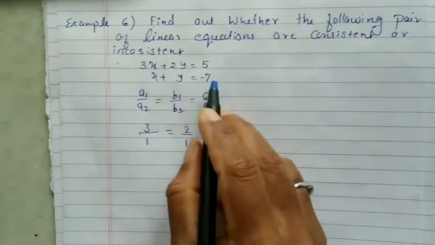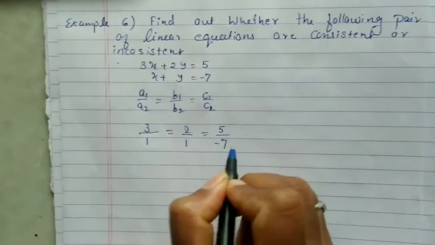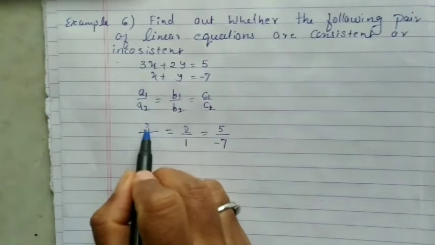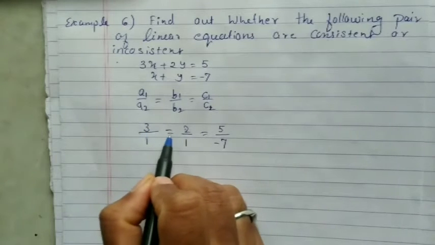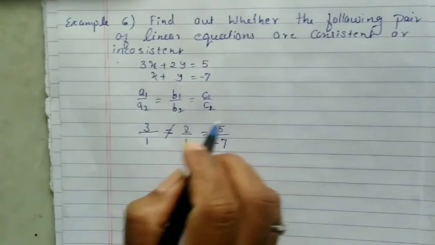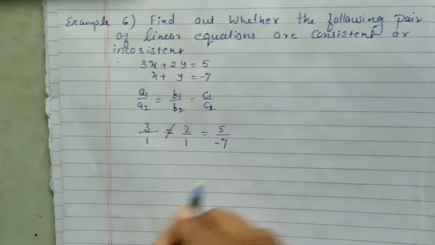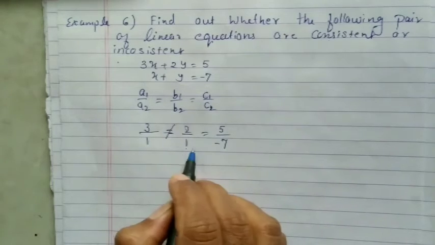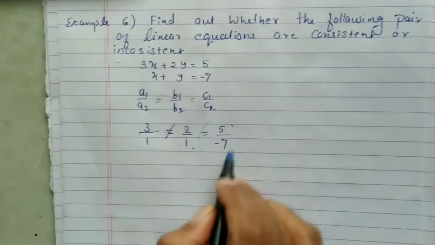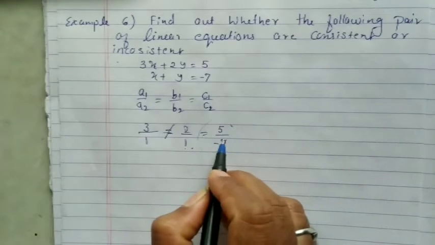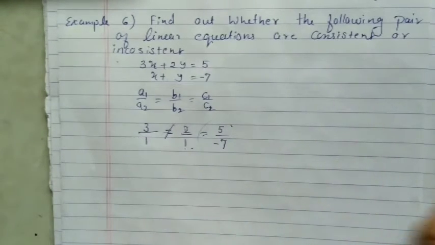C1 is 5, c2 is minus 7. So if you compare 3 upon 1 is equal to 2 upon 1, are they equal? No. So here we will not get this equality. So after checking these two ratios, no need to check the third one. But if this is equal, we have to check the third one.